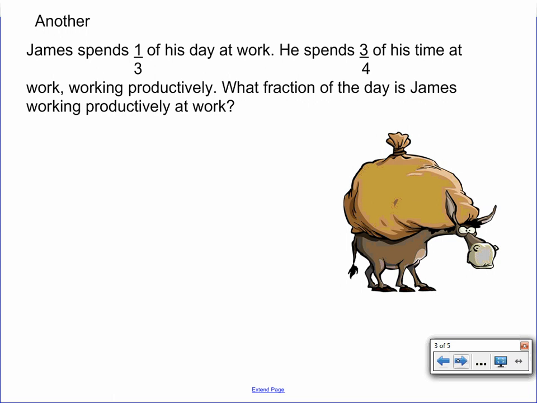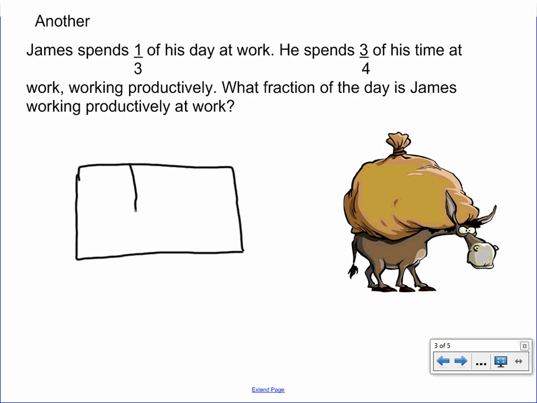To do this, let's split up our day into thirds. So we make our nice pictorial graph here. Now our whole day is split up into thirds. This is the time that James spends his day at work. 3/4 of his time at work he spends productively, so we need to break up his day at work into fourths.